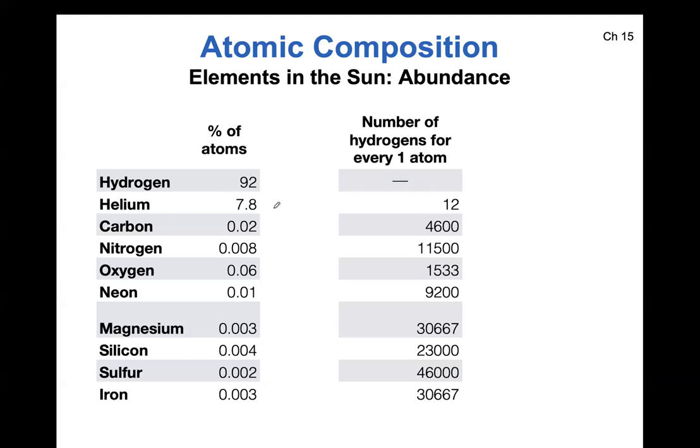The way we would read this, it's still a ratio, is that for every one helium atom, you have 12 hydrogen atoms. And that is also a great way to visualize and conceptualize numbers. Do it one more time. For every one carbon atom inside the sun, you have 4,600 hydrogen atoms. For every one nitrogen, you have 11,500 hydrogen atoms.